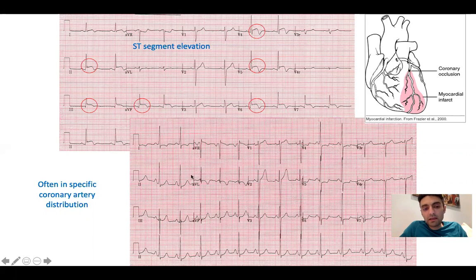And again, in this case, for example, lead I, which is a left lead, and aVL, a left lead, both are having the pathology. So you know there's something on the left side. And also V6 is the left side. So there is left infarct or left ischemia. So again, it follows a specific coronary artery distribution. In this case, ST segment depression, not elevation.